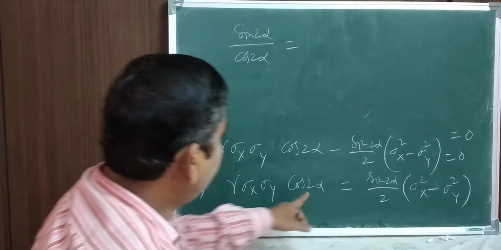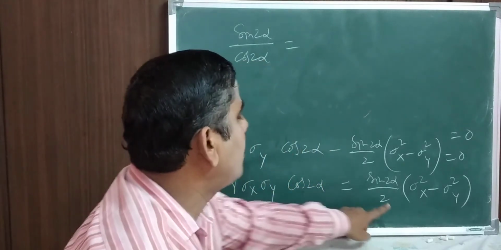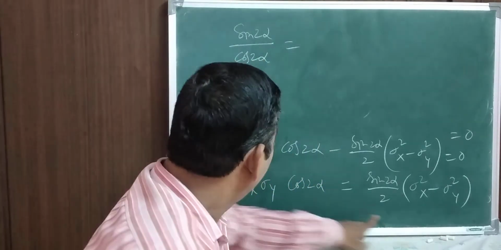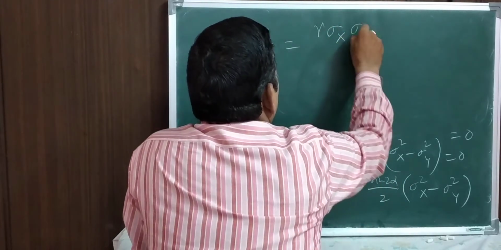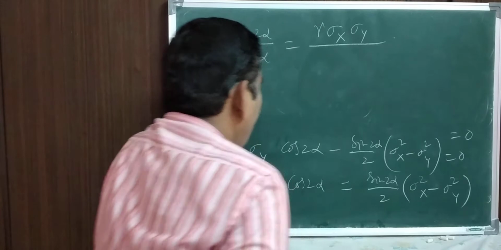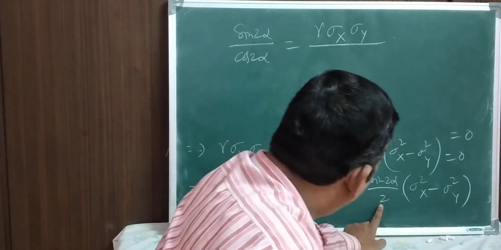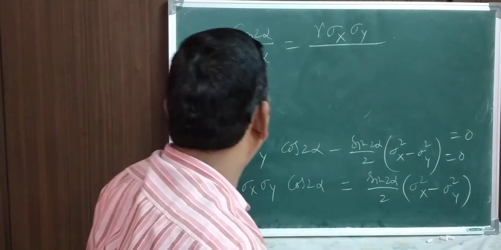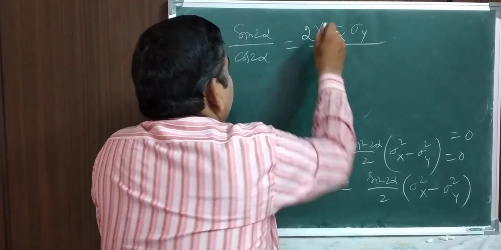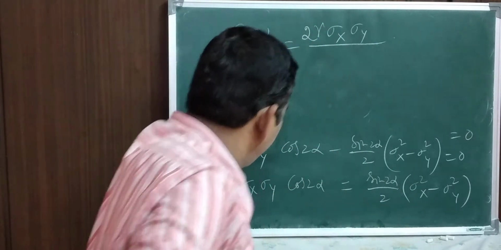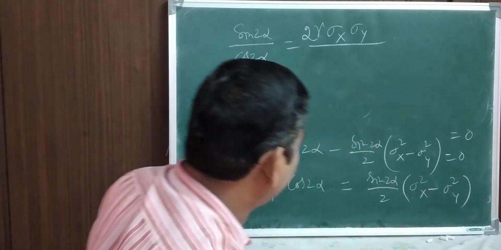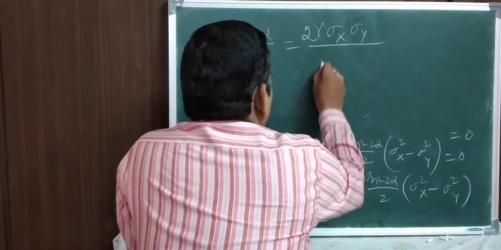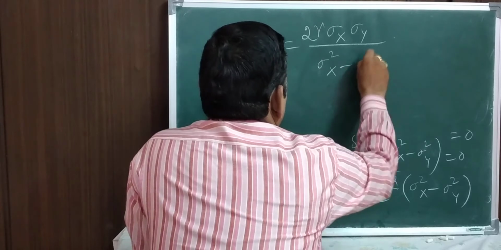So this cos 2 alpha term we are taking to the right hand side, and this term stays as it is: r into sigma x sigma y divided by sigma square x minus sigma square y. I have to take the 2 to the left hand side, therefore it is 2 r sigma x sigma y divided by sigma square x minus sigma square y.